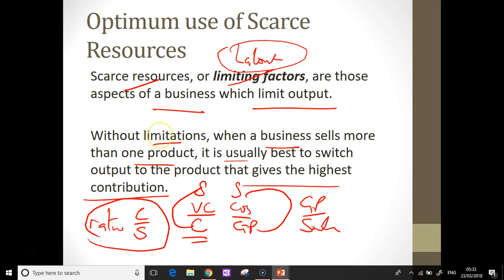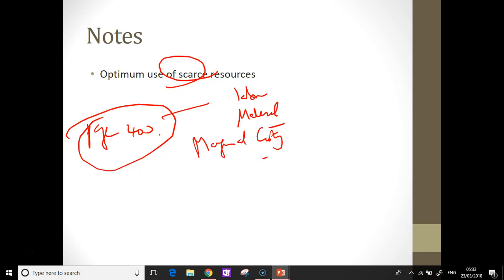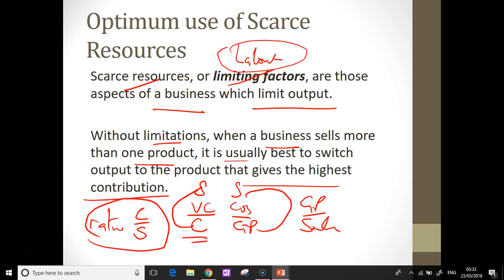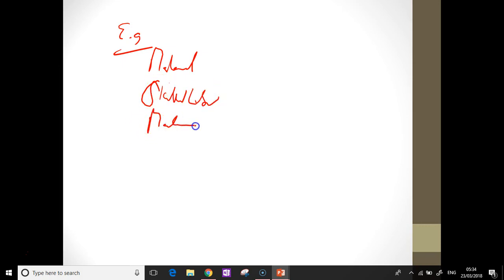So in your textbook, let us quickly see what they are telling us. I have some notes. Yes, in your textbook on page 400, please look there. It gives you some examples of scarce resources. So it says examples are availability of materials, availability of skilled labor, availability of productive capacity, so machine hours.